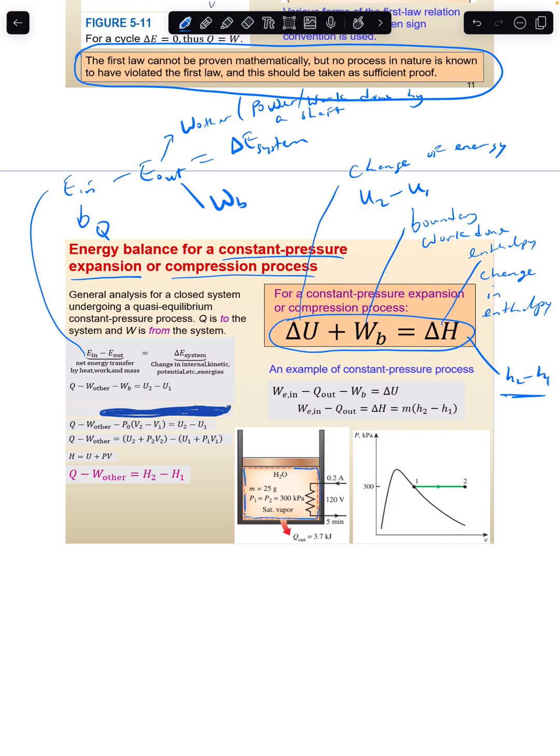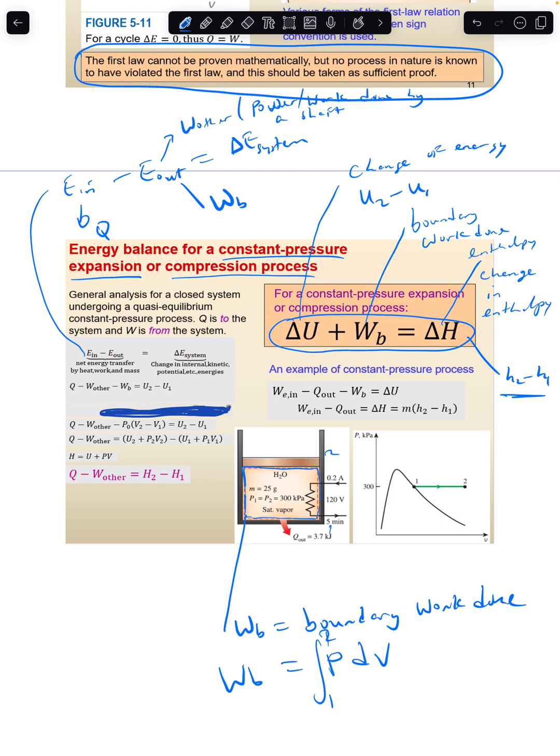So this is what we'll be talking about, the boundary work done, which is equal to the integral from point 1 to 2, that is the boundary work done, which we all know.